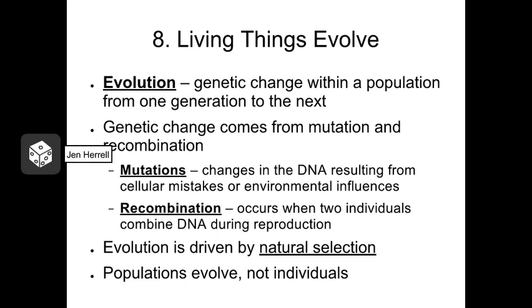The thing that drives evolution, that causes organisms' DNA to change in particular ways, is known as natural selection. And you can think of this as environmental pressure. When the environment changes, sometimes those changes make it more beneficial to have certain DNA, certain genes, than other genes. For instance, if the environment becomes very cold over a long period of time, it's more beneficial to have genes that allow you to survive that cold than genes that allow you to survive in very hot environments.